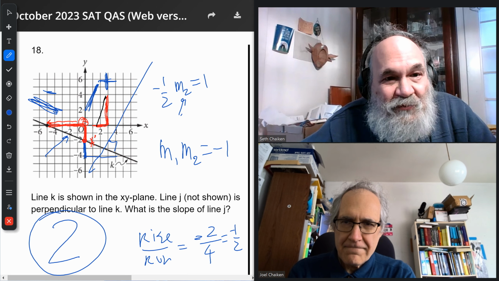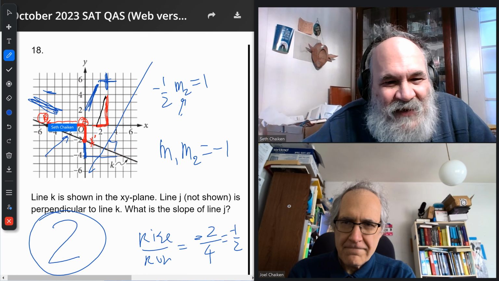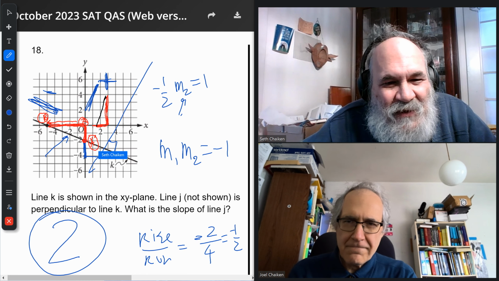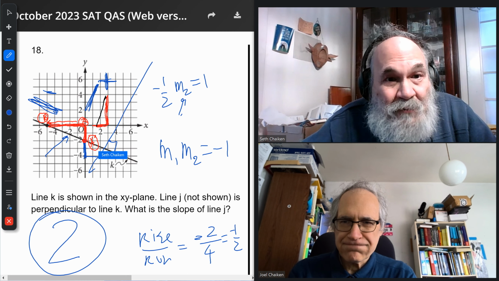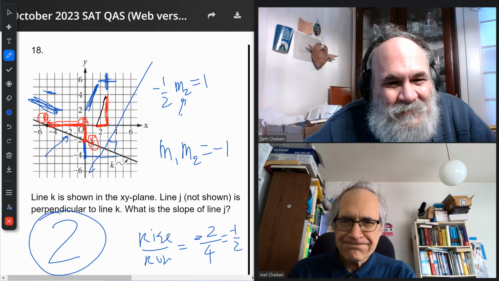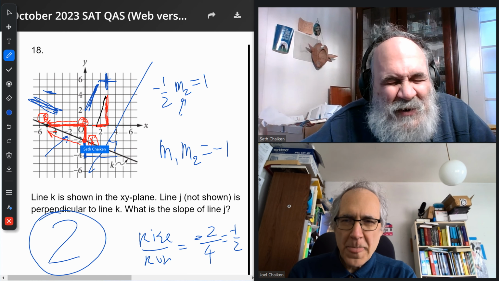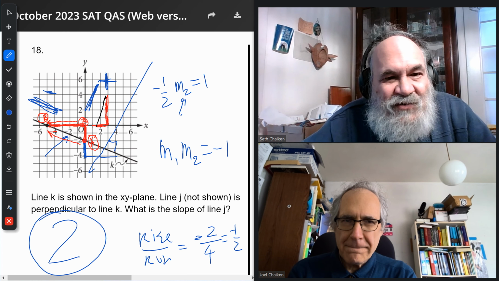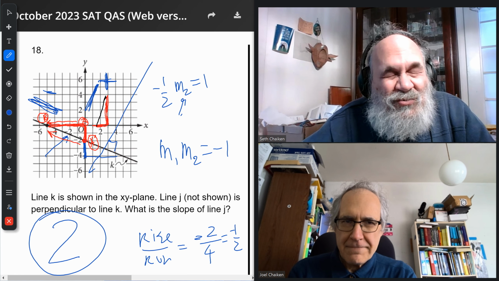And then we move point A over to here, to point B, and A prime moves up, because A prime moves into point B. So our run is negative and our rise is positive.